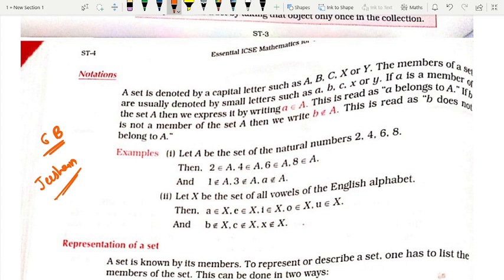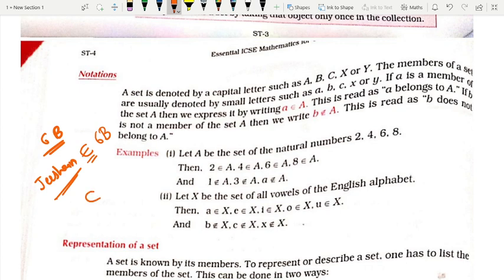Just tell me in the comment box. If yes, then we can write down that Jishan belongs to class 6th B. This representation says that Jishan is in the set of 6th B class. Okay, so this representation means that Jishan is in the class.